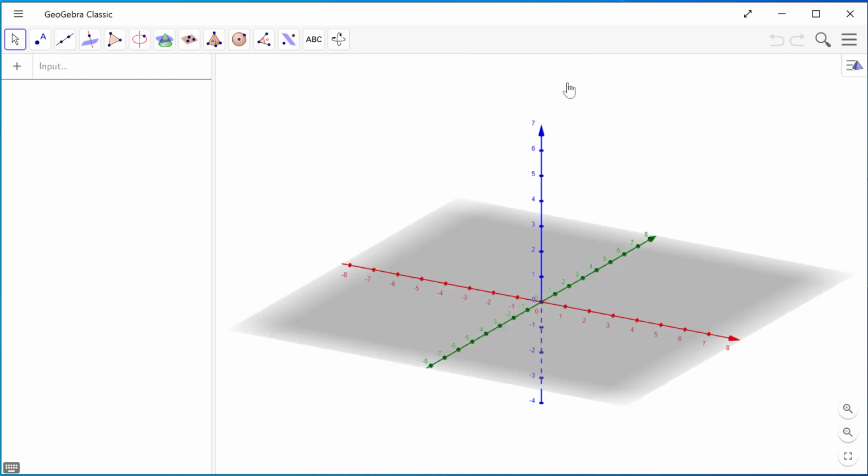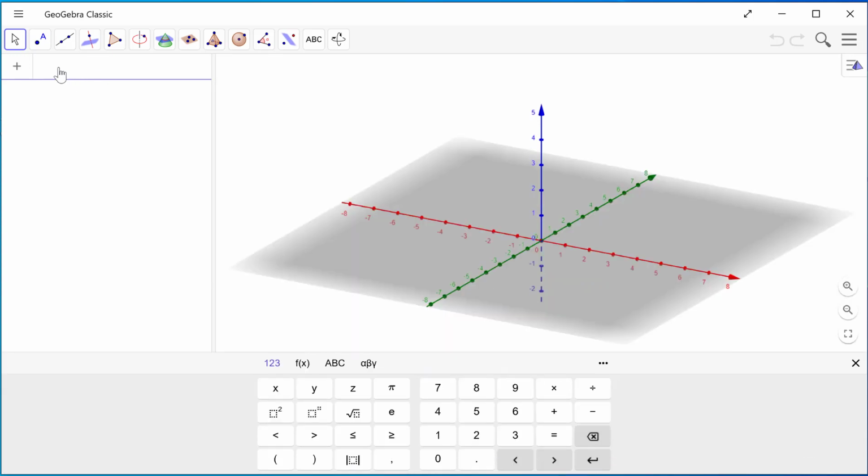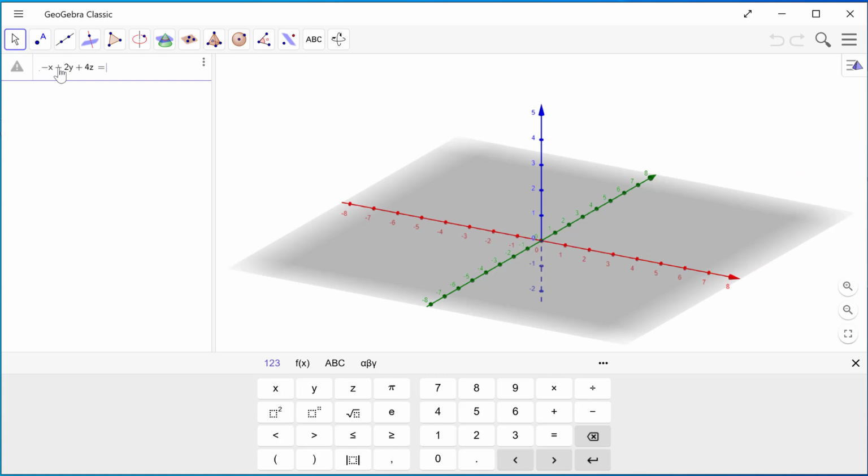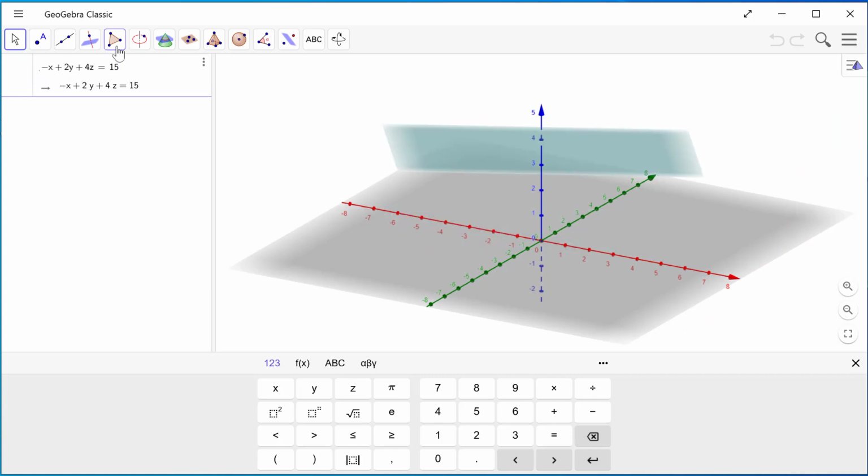And now I'm going to write here the equation of the plane I want to graph: negative x plus 2y plus 4z equals 15.